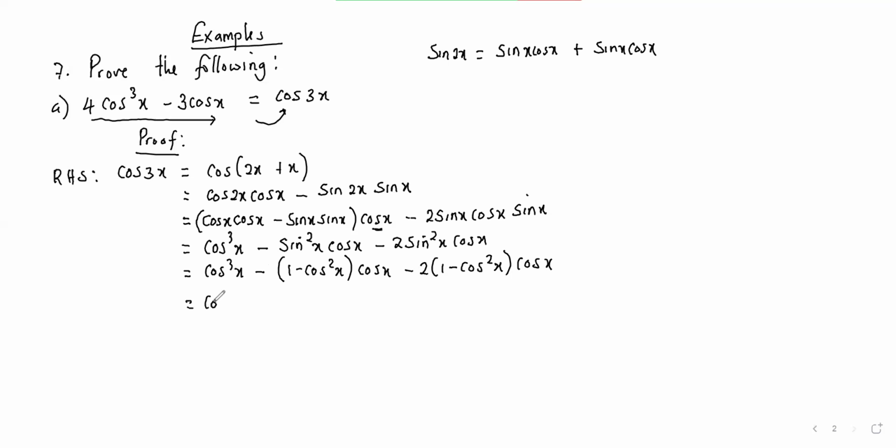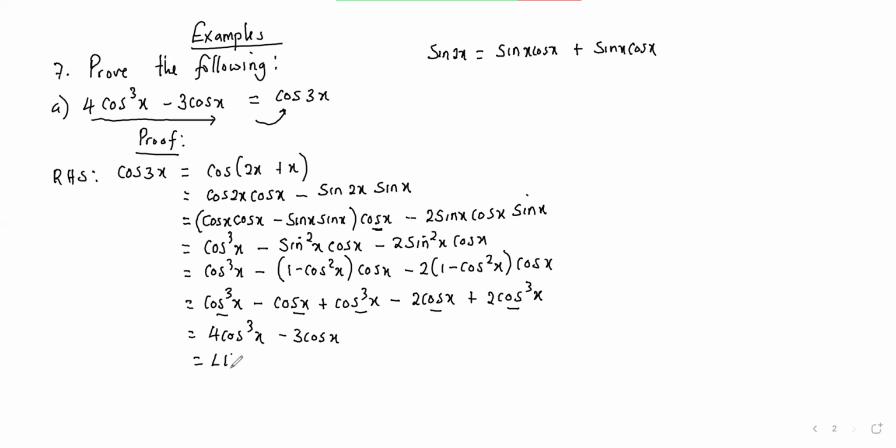And then now we have cos cubed minus cos x plus cos cubed minus 2 cos x plus 2 cos cubed x. So we can add this guy plus this guy plus this guy, we get 4. This guy, that guy, we get minus 3. If you check this one, we have our minus 3. Okay? This means that we are 4.